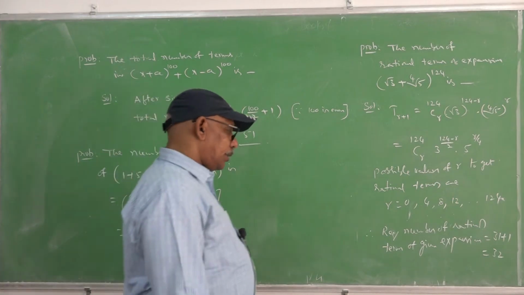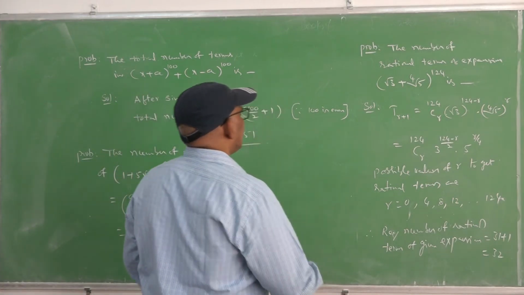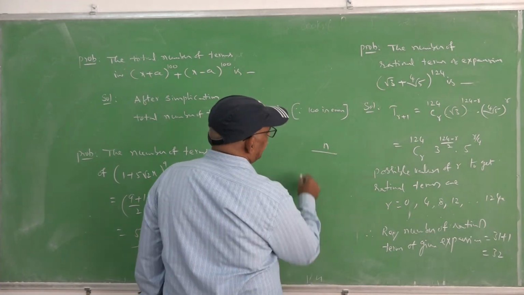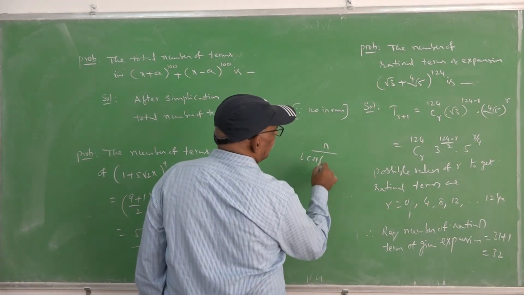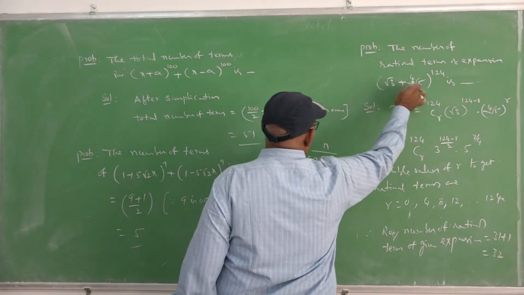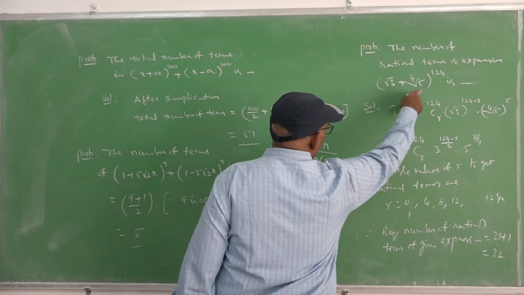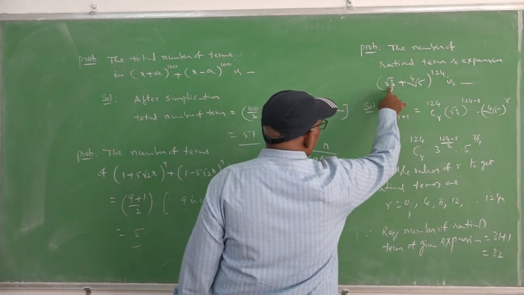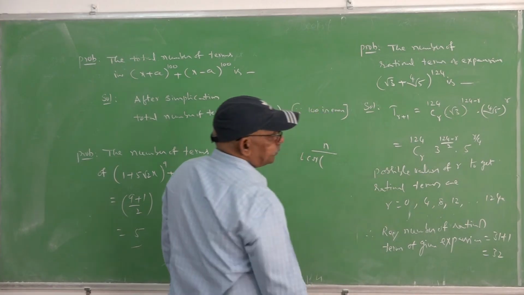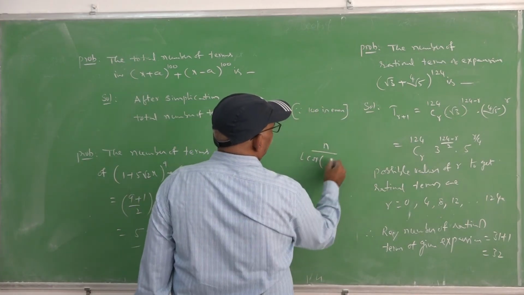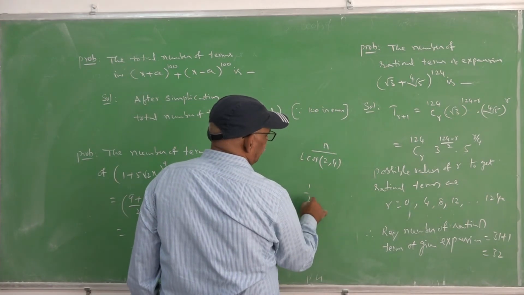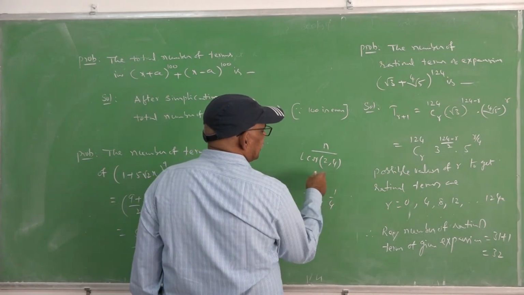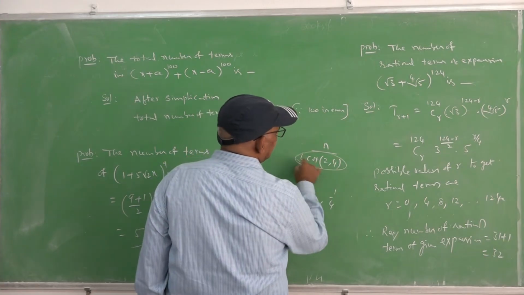Okay, you can also take it like this. Take the index n divided by the least common multiple of the denominators of the powers of p1 and p2, where p1 and p2 are prime numbers. Here 3 is prime and 5 is prime. The powers are 1/2 and 1/4, so the denominators are 2 and 4, and the least common multiple is 4.